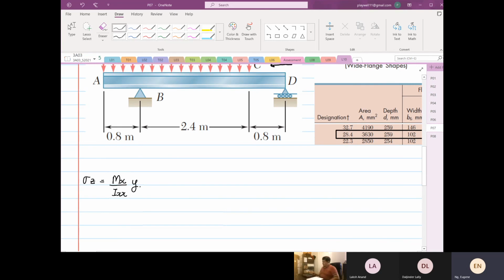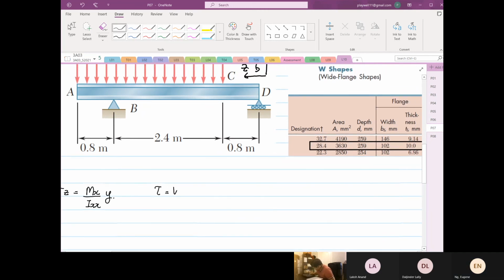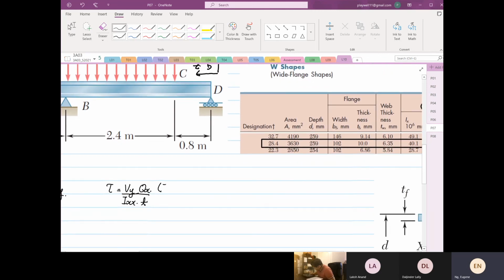And then we also have a shear stress, which is equal to Vy over Ixx, Qx divided by t. For this case, because it's a wide flange, we have to do thin wall analysis.